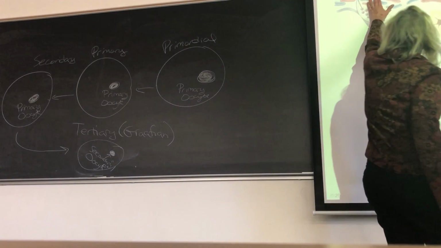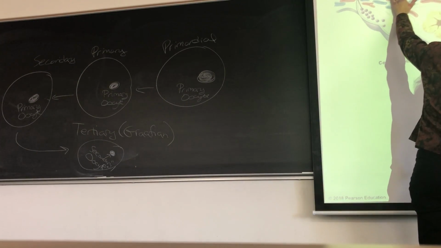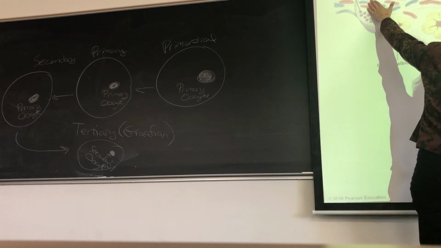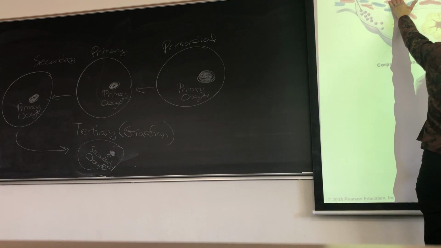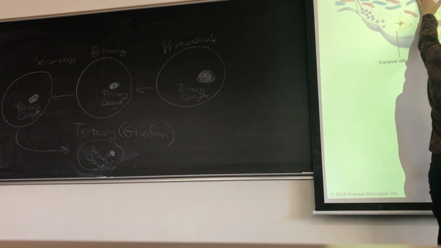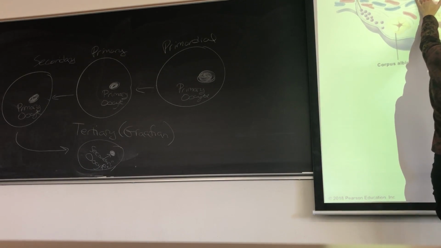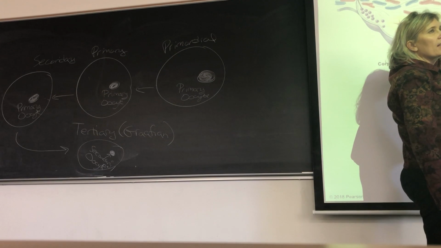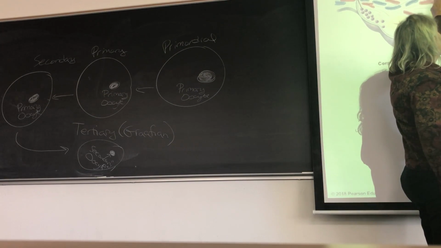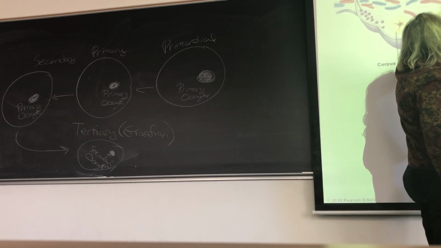So we went from a primordial follicle with a primary oocyte, a primary follicle with a primary oocyte, a secondary follicle with a primary oocyte, and then to a tertiary follicle with a secondary oocyte. So meiosis 1 completed.